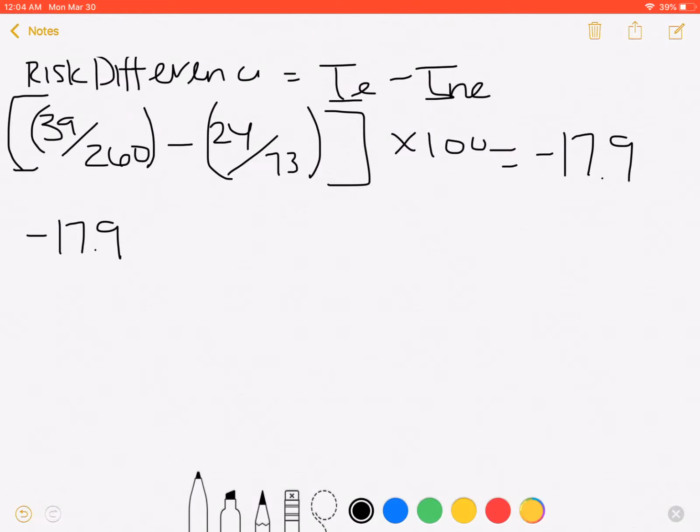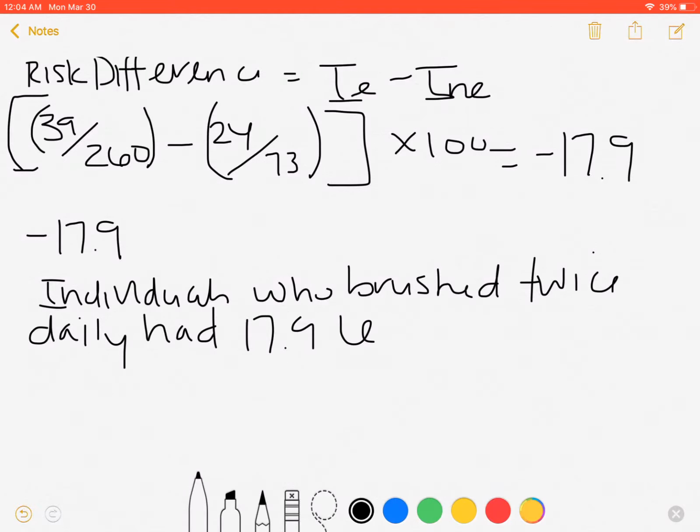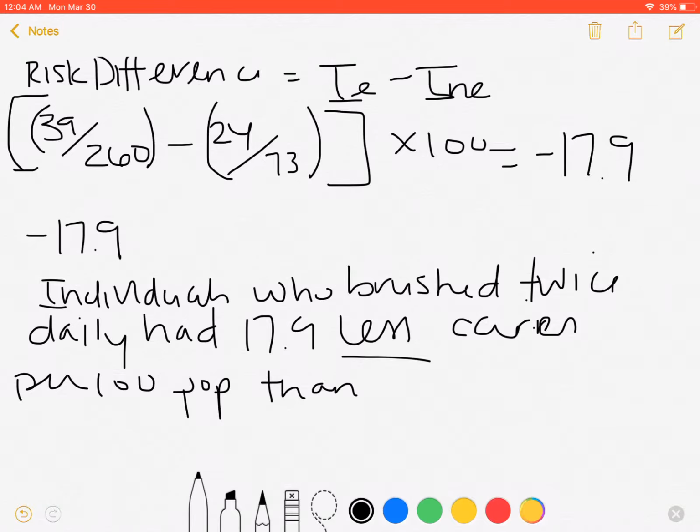So it means that individuals who brushed twice daily had 17.9 less caries per 100 pop than those who brushed less than twice daily.